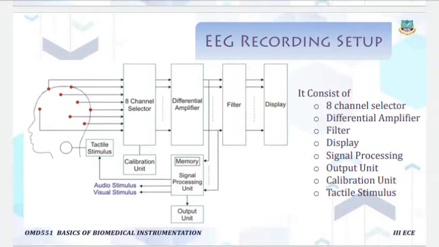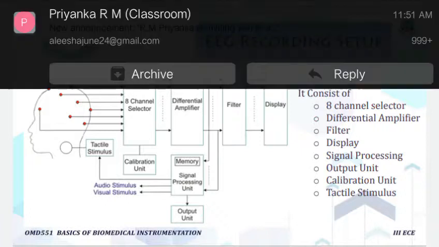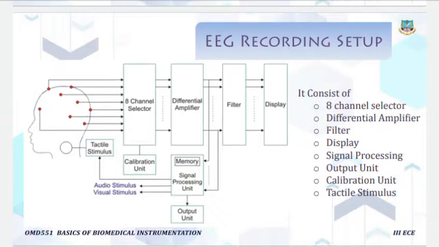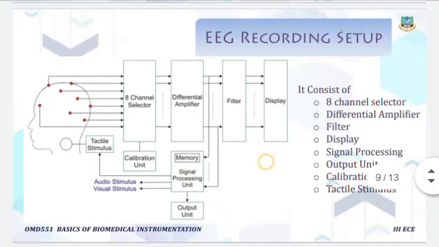Then we pass the signal from the 8 channel selector to the differential amplifier. This differential amplifier is made up of preamplifiers. What is that? Preamplifier.